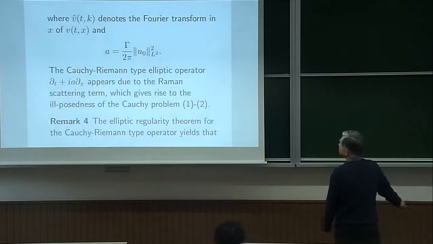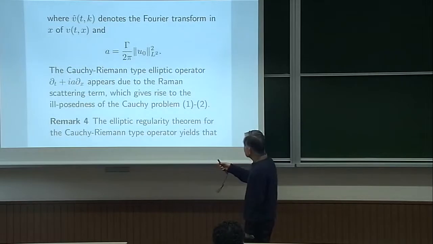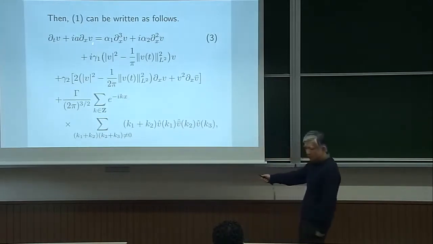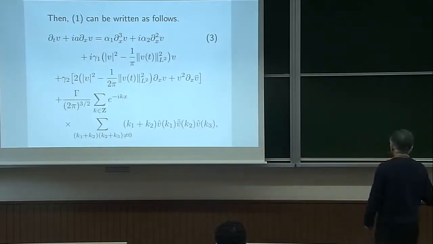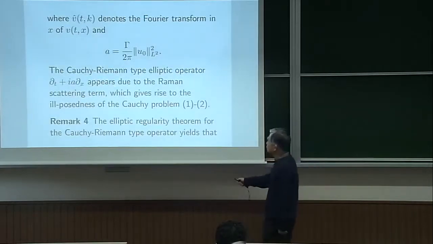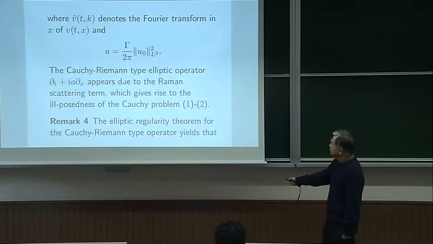Now, this is the Cauchy-Riemann operator. So the Cauchy-Riemann type elliptic operator, dt plus iA times dx, appears due to the Raman scattering term. This gives rise to the ill-posedness of the Cauchy problem.